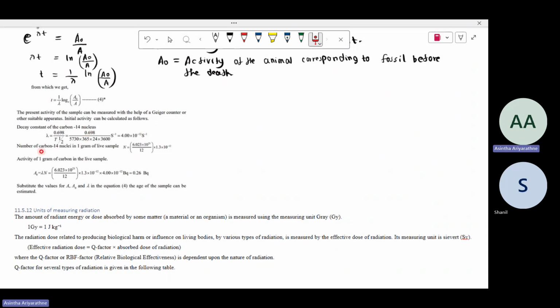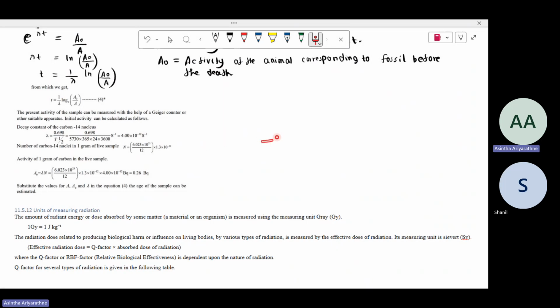Then we know the number of carbon-14 nuclei in 1 gram. The molar mass of carbon is 12 gram.